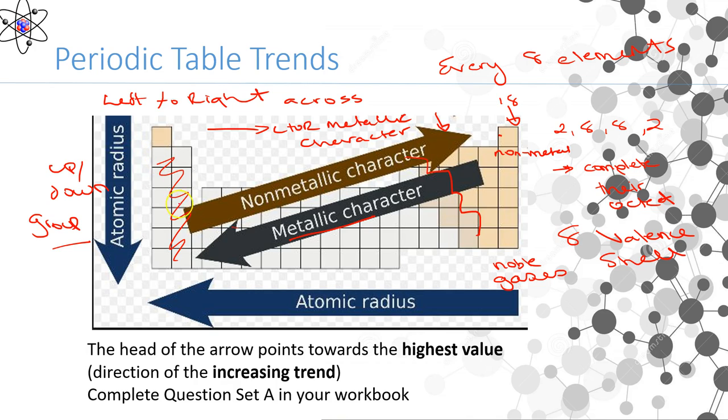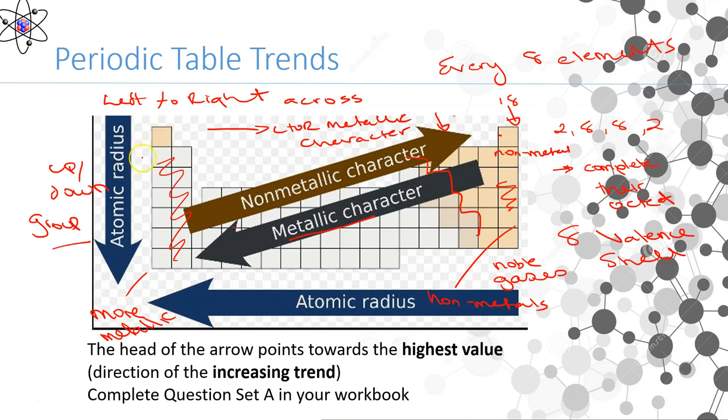Things over on the left are more metallic than things on the right. And that makes sense because these ones over here are all non-metals, so they're not even metallic at all. So we go from very metallic to not metallic. They decrease in metallic character as we go from left to right.